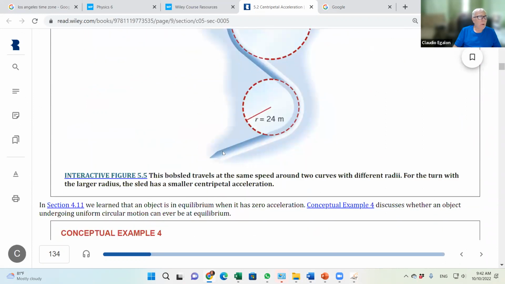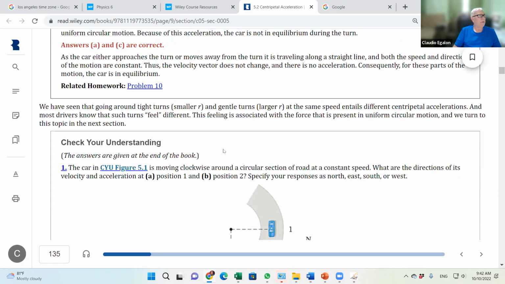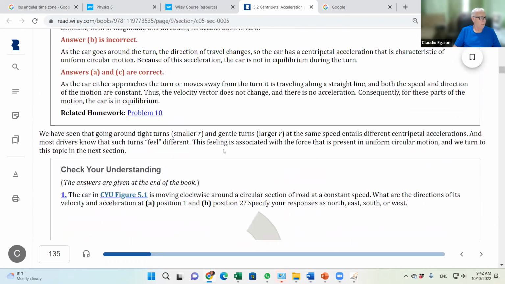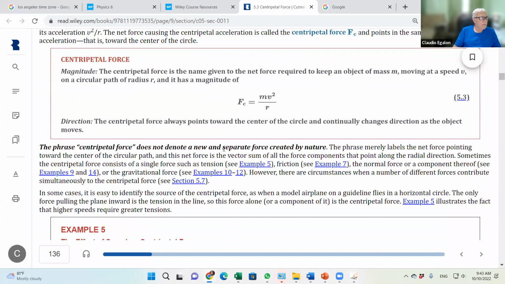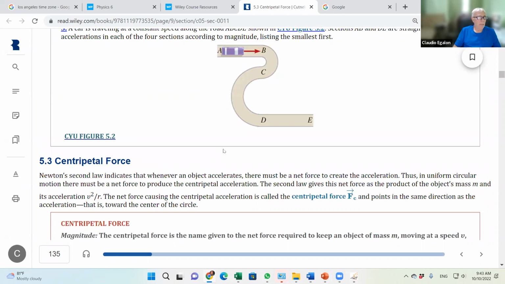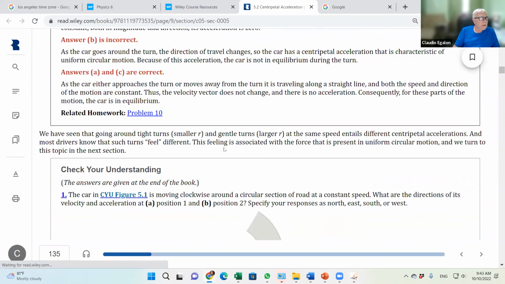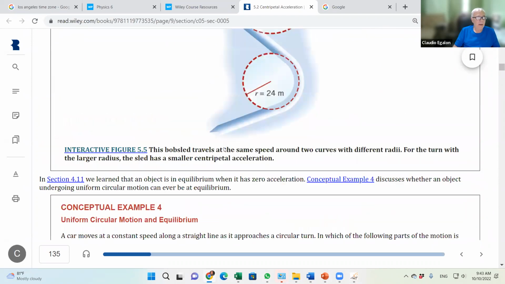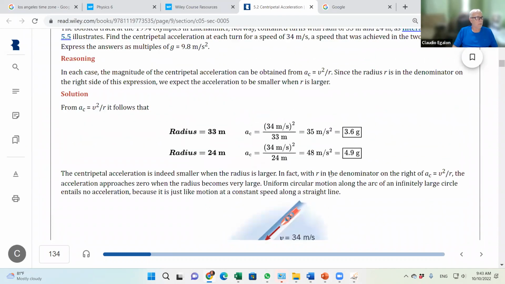I want to do a more... centripetal force. Okay, let's do the bobsled. Here you go, let's do this one here.